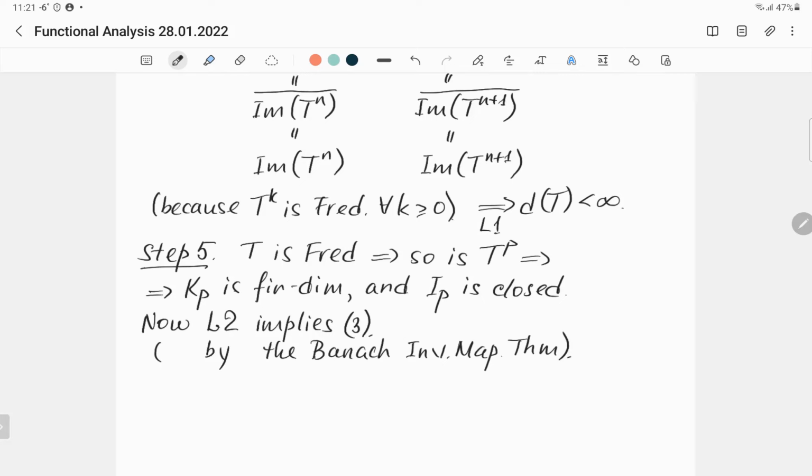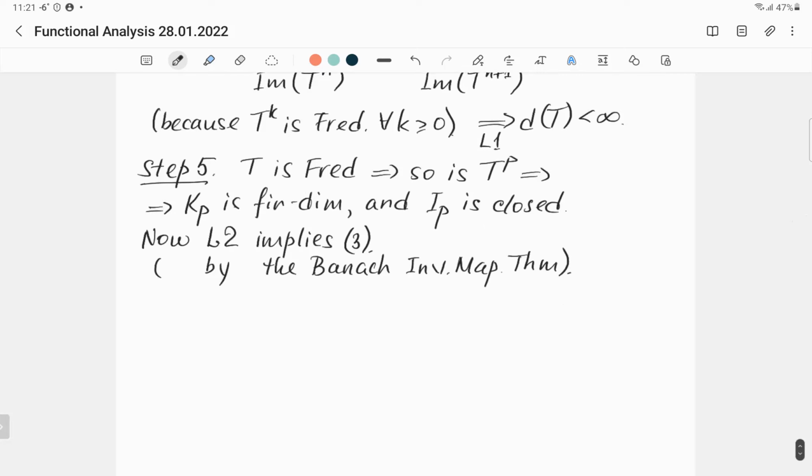Okay, and finally we have to show that the index is 0. But we already know that T consists of two pieces. It's the direct sum of T restricted to Kp and of T restricted to Ip. And it's clear that the index of such a direct sum operator is equal to the sum of the index of T restricted to Kp plus the index of T restricted to Ip.